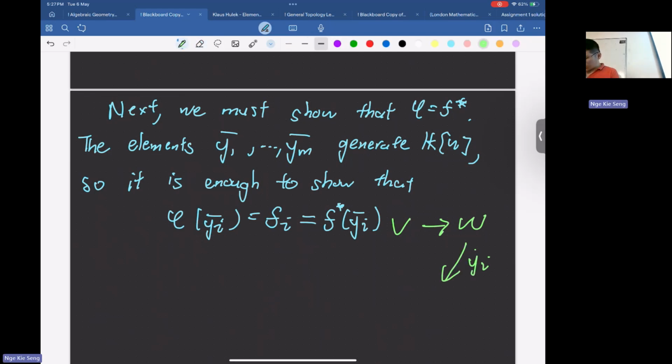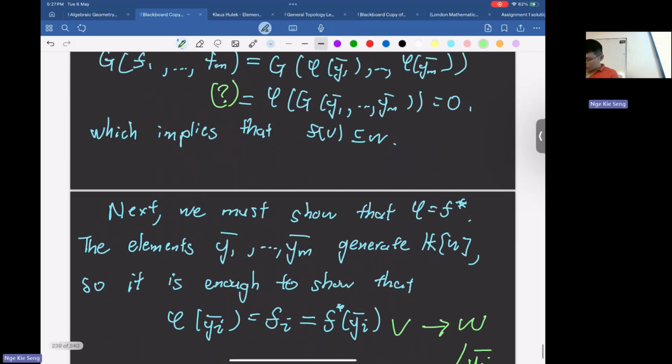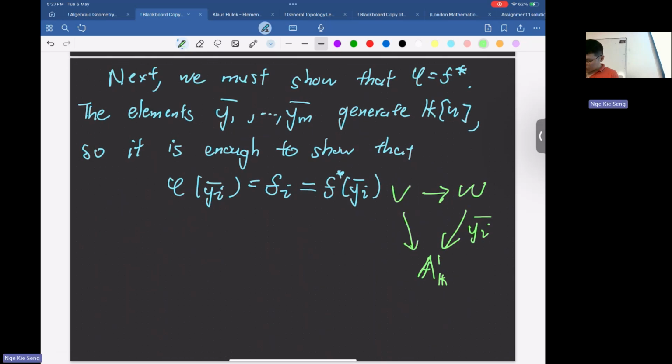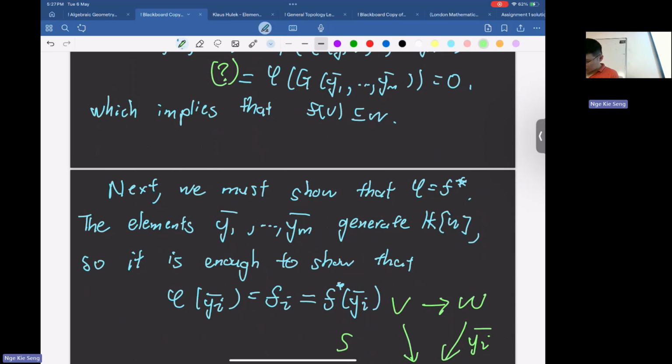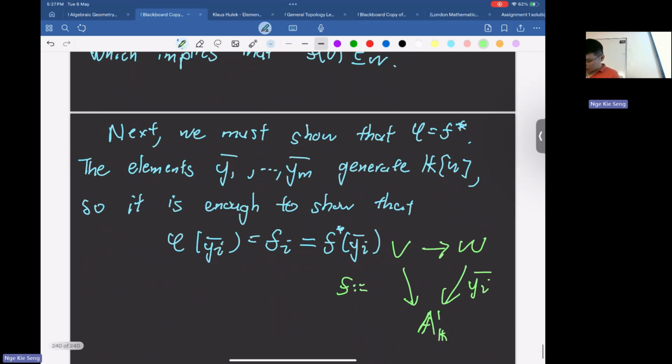This yi bar is a map going from W to some A1. And where's our f here? F here is defined to be phi of y1.